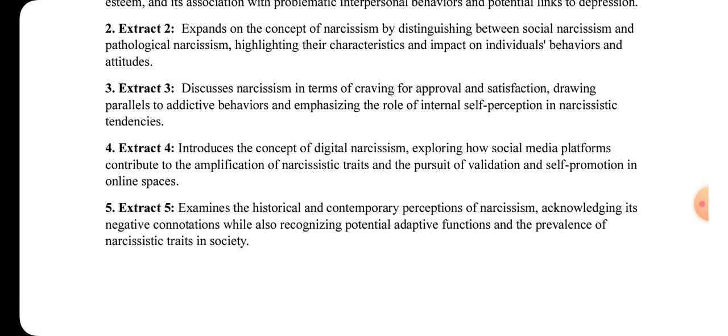And then the fourth extract introduces the concept of digital narcissism, exploring how social media platforms contribute to the amplification of narcissistic traits and the pursuit of validation and self-promotion in online spaces.